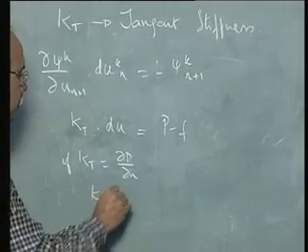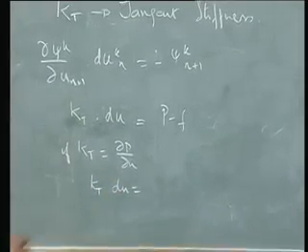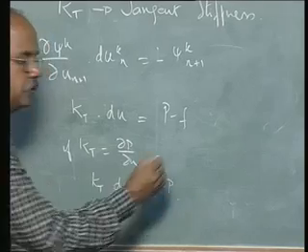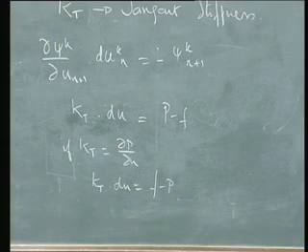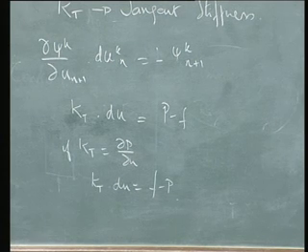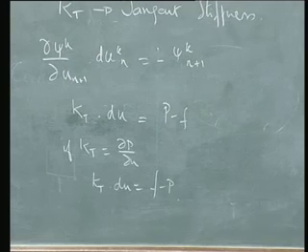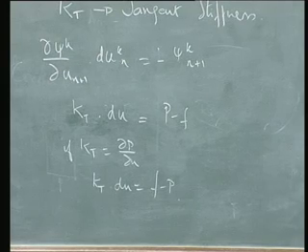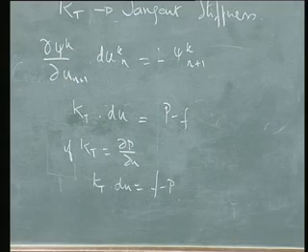Kt du is equal to F minus P. Anyway, that minus sign and plus sign is quite clear. Where you start will decide what type of signs you have.